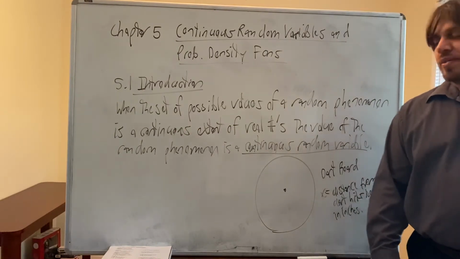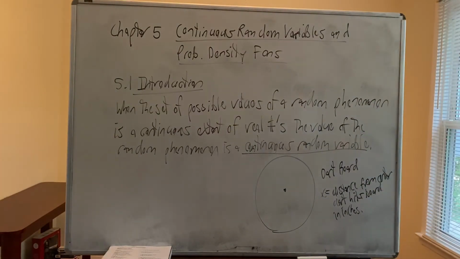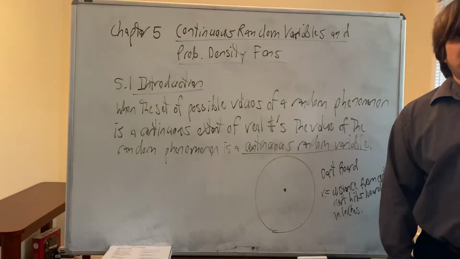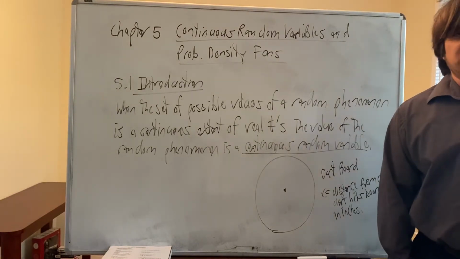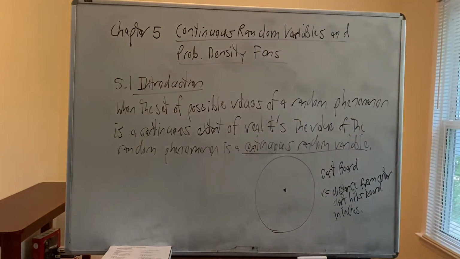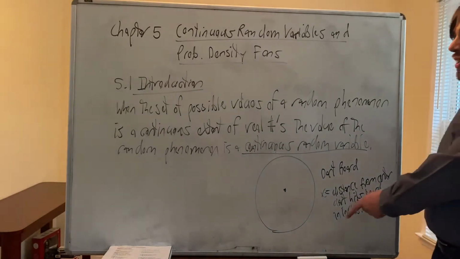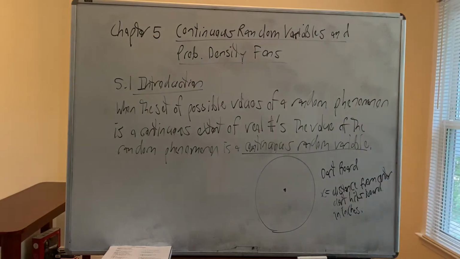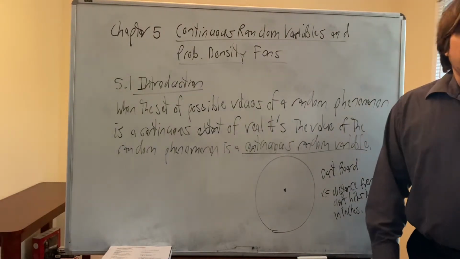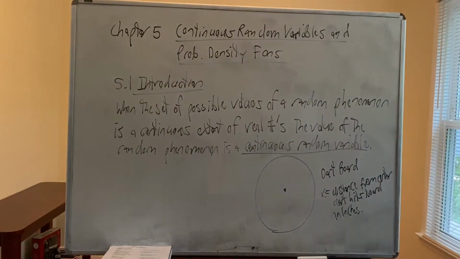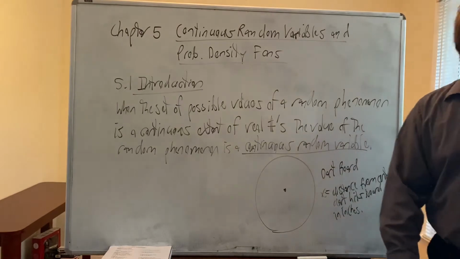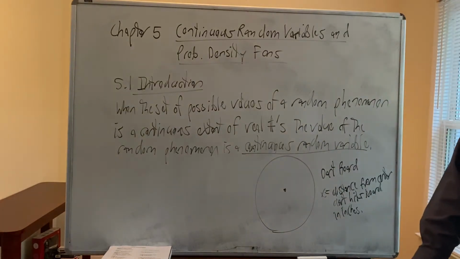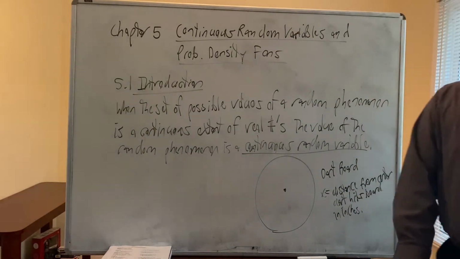You could hit the target 1.37582 inches away from the center of the dartboard, okay? And so the capital X takes on real values, right? From 0 up to whatever number you want. And so capital X here is a continuous extension of the real numbers. Okay, so capital X here is a continuous random variable.